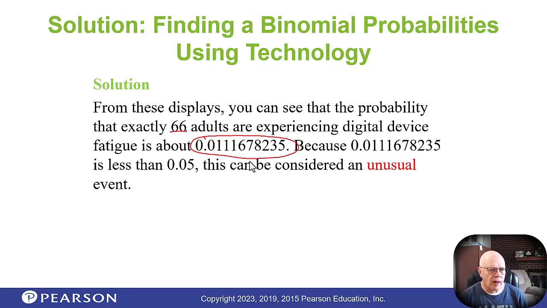And our little reminder, would it be unusual? Well, if it's less than 0.05, alias 5%, it's unusual. This is definitely less than 0.05, so it's an unusual event, getting 66 adults.